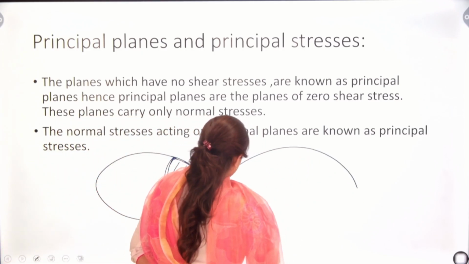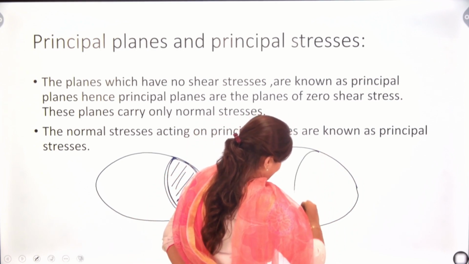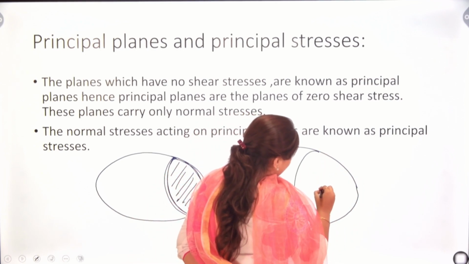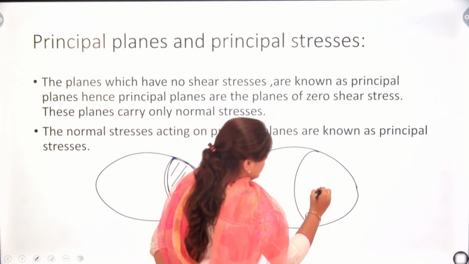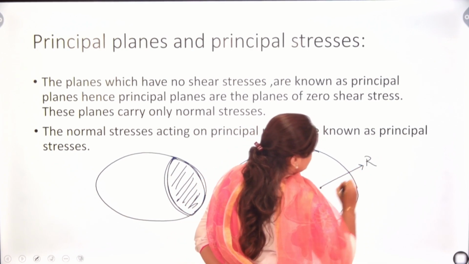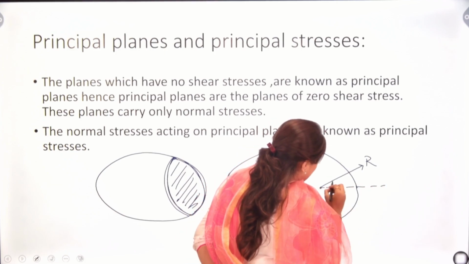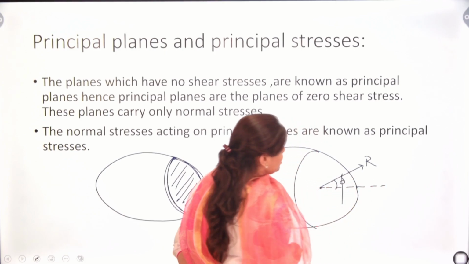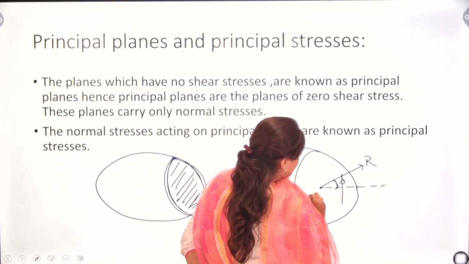Let's take a point here, and we have the resultant force as R here. Okay. So, these will make one angle as phi. Here it will make angle phi.